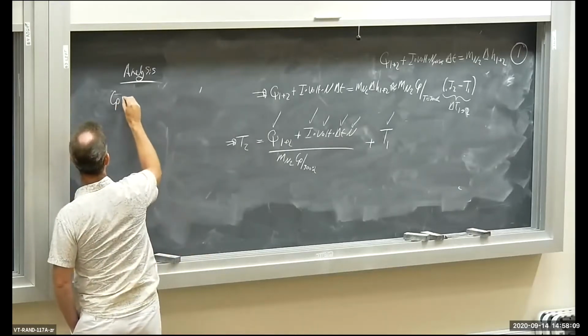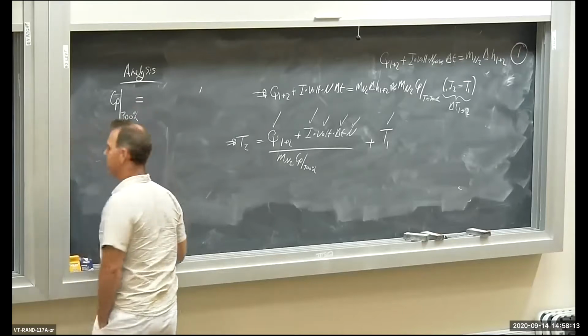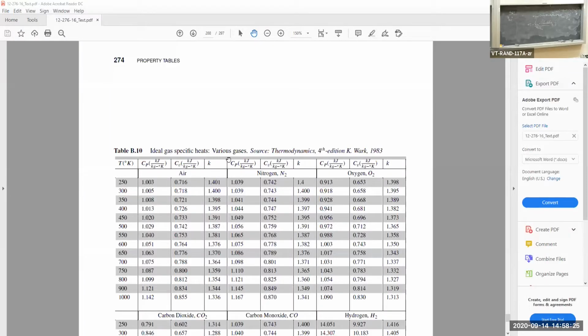Cp for N2 evaluated at 300 degrees Kelvin. This is for nitrogen. Let's go to our property tables, ideal gas specific heats of various gases. Air, nitrogen, 300 degrees.